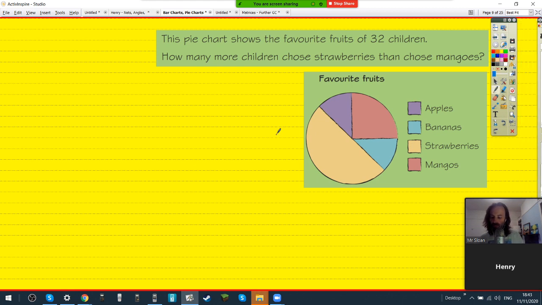So strawberries is 1/2. So that must be 16. And then this is divided up in a whole. 16 is half, leaving 16 left. And then I'm guessing apples is 1 more than bananas. What do you notice about mangoes?